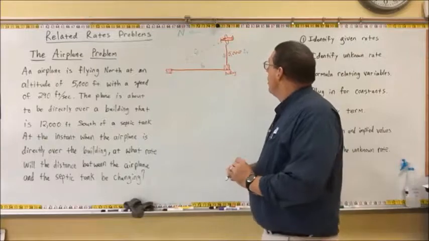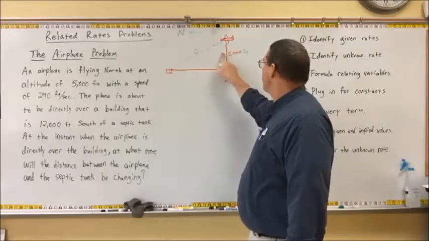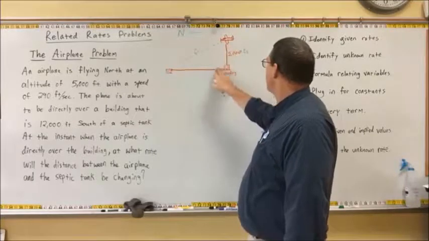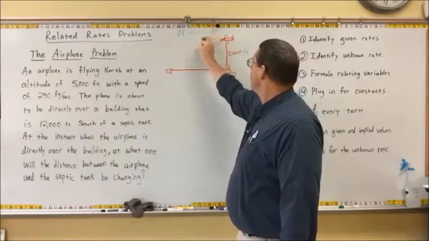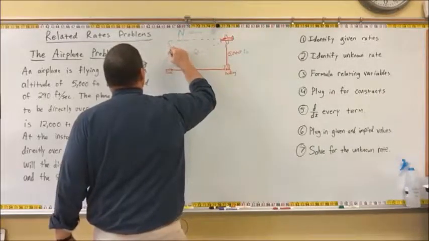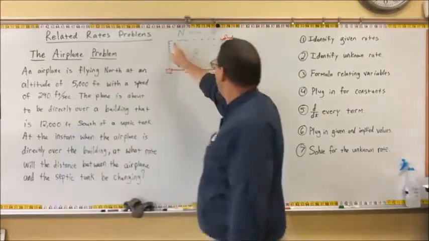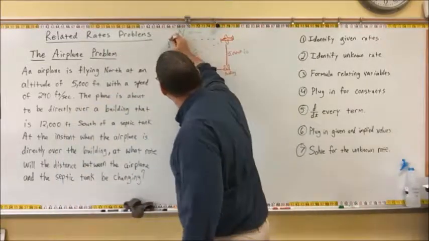And so what we could do actually is change this. Watch this. We have this triangle here, but we actually could create another right triangle, and this is really the one we're dealing with, where it goes out from the plane and then comes down and creates a right angle.